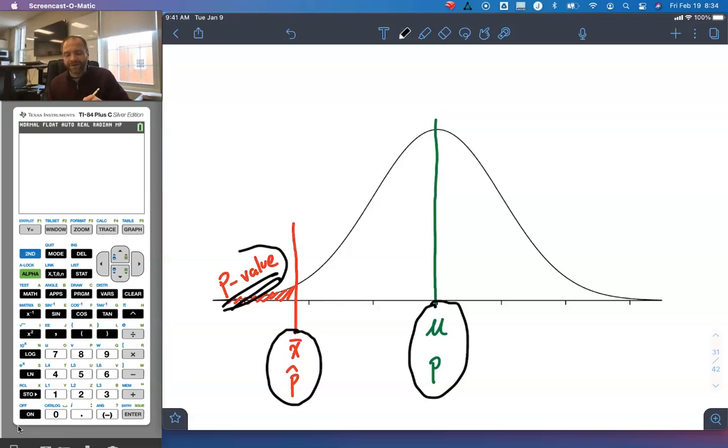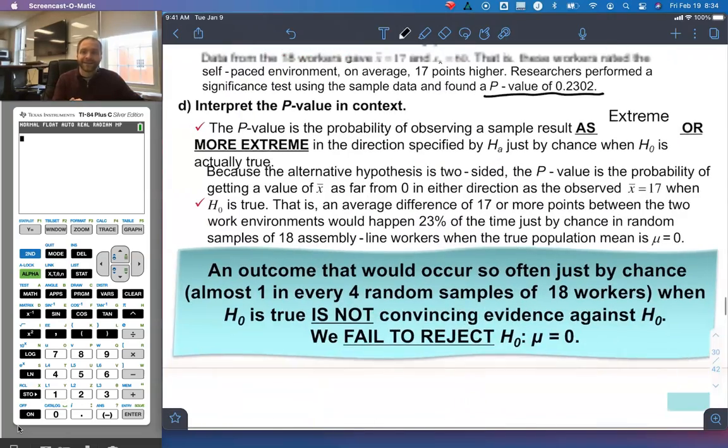Our p-value is the probability of seeing what we observed if this were in fact true. So your distribution that you're going to sketch is based off of the parameter being true. You're plotting your sample, and your p-value is the probability of that sample occurring in the true distribution. So that's really what we were saying here.